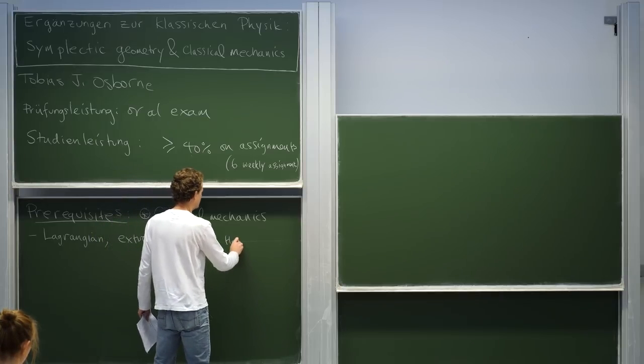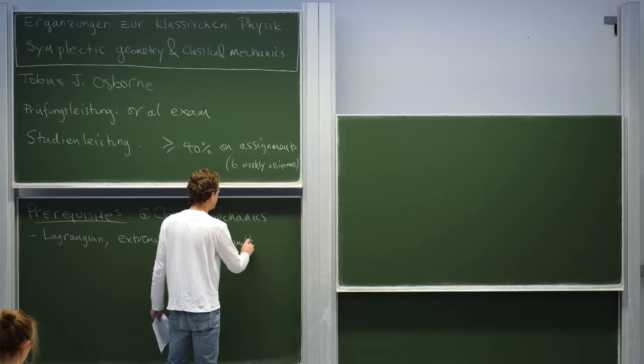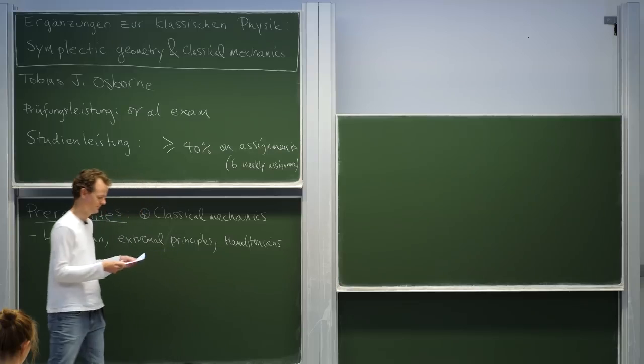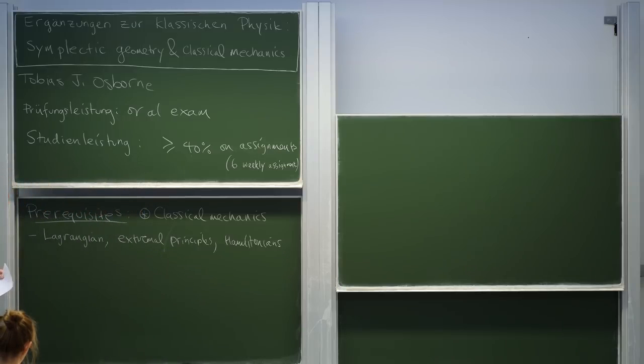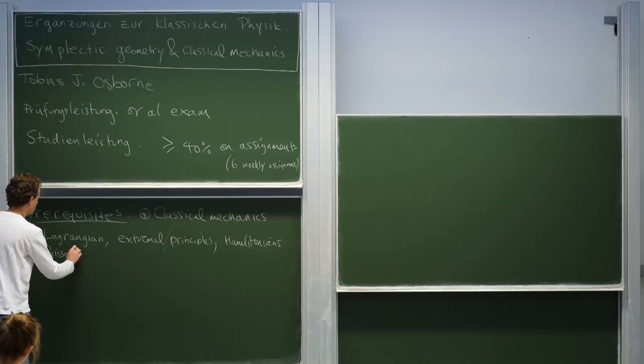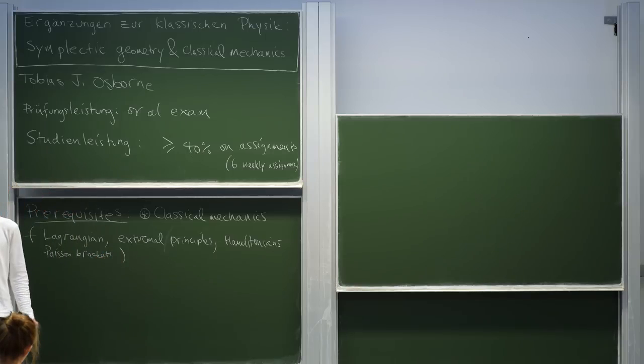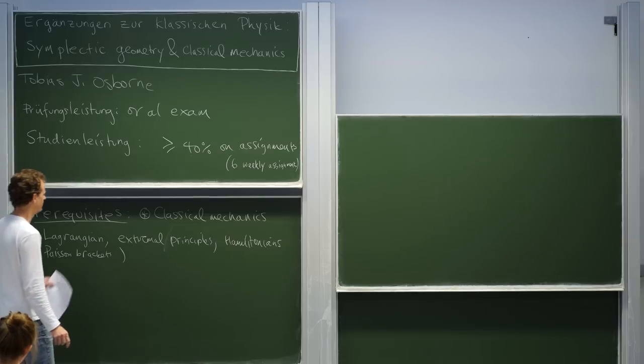I want you to know what a Hamiltonian is, and Hamilton's equations, and Poisson brackets. As long as you've seen those words in your classical mechanics studies, then you should be good. There shouldn't be any difficulty in the physical background.